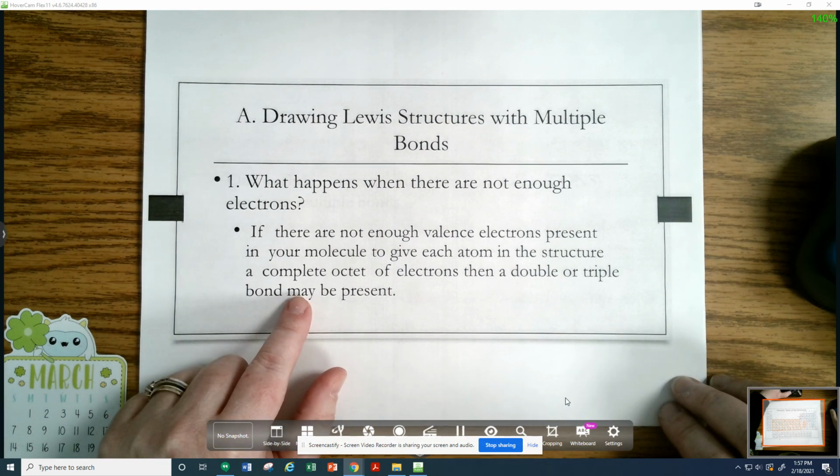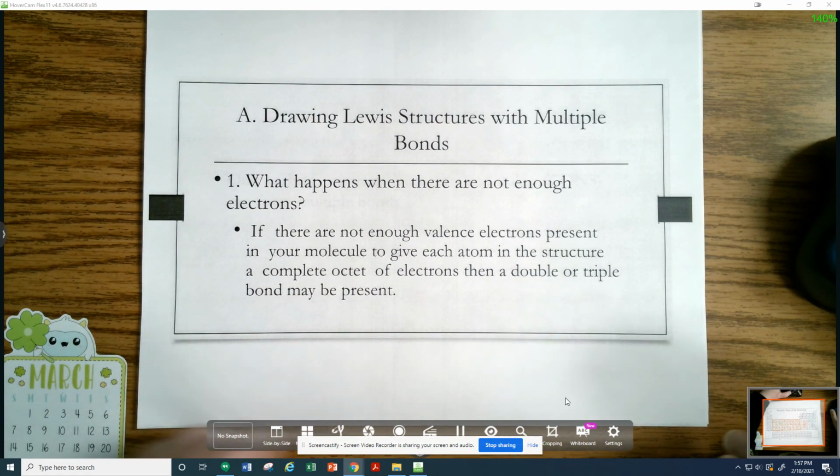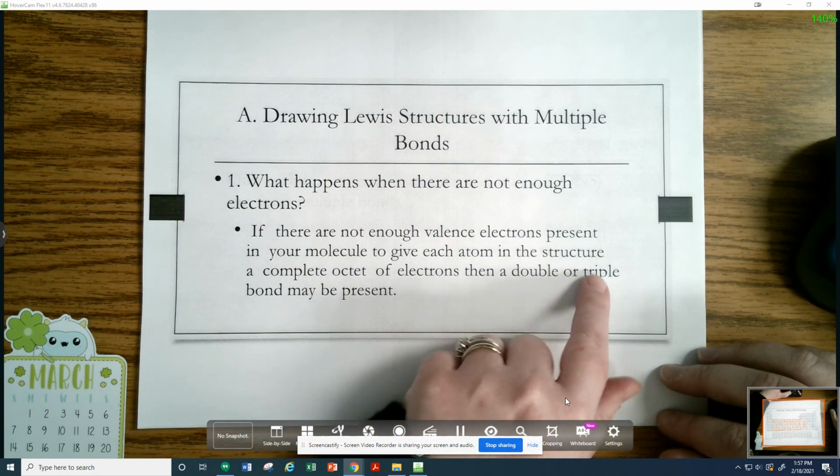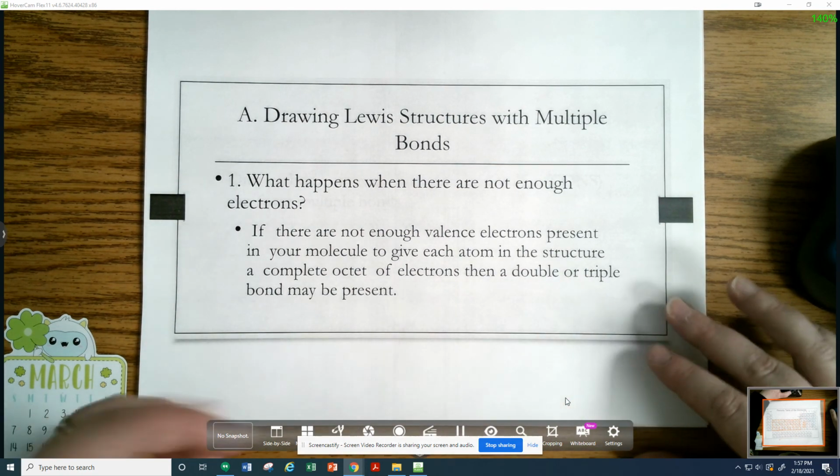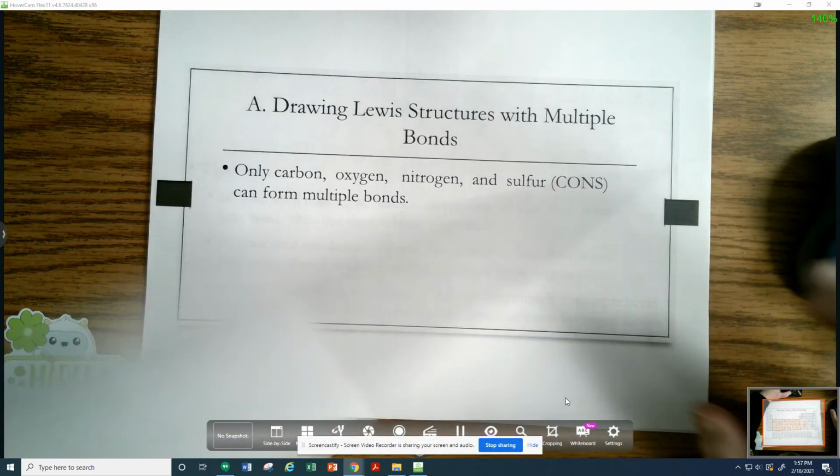So when you run into the scenario where not enough electrons are present to get everybody to their octet, we then can have a double or triple bond. And that's what I'm going to show you today and how you find that.